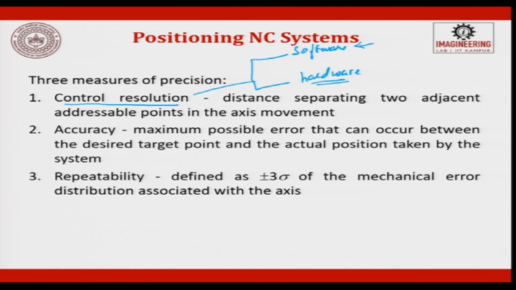Okay. Then the other 2 points are accuracy and repeatability. Accuracy is the maximum possible error that can occur between the desired target point and the actual position taken by the system.